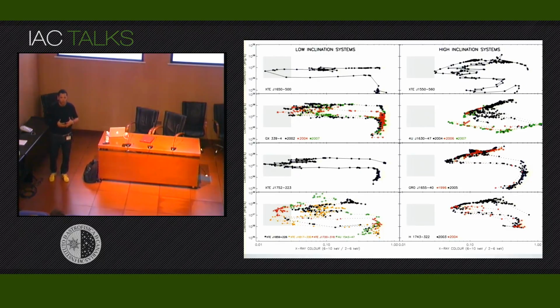But then I didn't get the point. Maybe this is again a very naive thing. If you're saying that the very hard X-rays come from the corona, which is hotter than the disk, you have to manage to heat something to a temperature that is higher than the temperature of the disk. But the corona is an optically thin medium. It's like the corona of the sun.